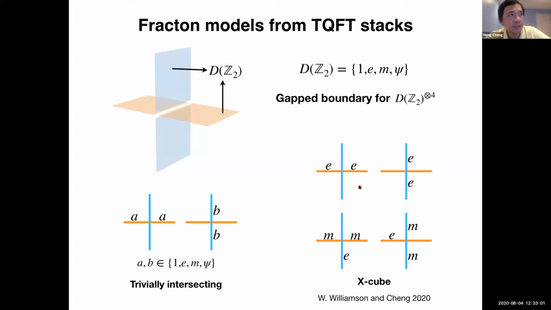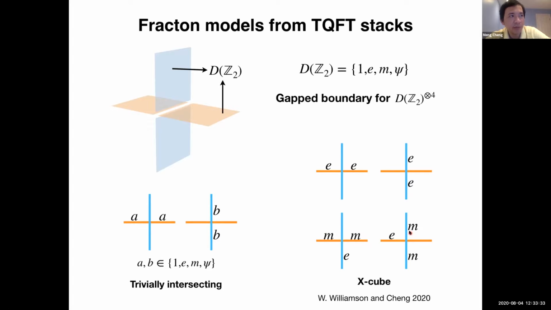But we can do things a bit differently. For example, we can still allow the e particles to pass through this boundary without encountering any other effects. But when the m particle tries to go through the boundary, it has to emit an e particle to either this side or this side, it doesn't really matter. This means that we condense these three particles at this junction, at this intersection line.